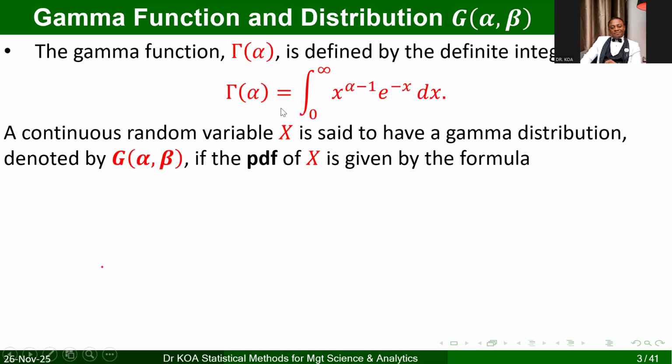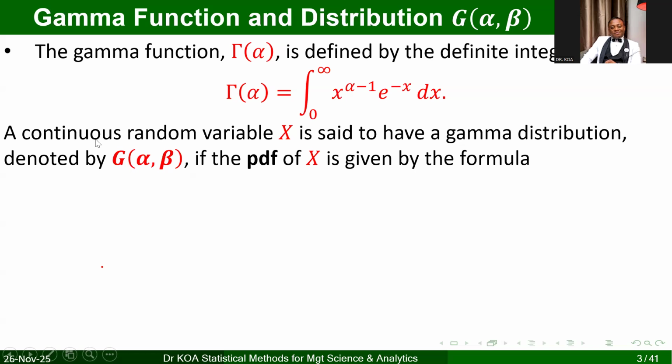So this gamma function is the integral of the random variable raised to the power of the shape minus 1. The definite integral is from 0 to positive infinity, multiplied by the natural exponential raised to the power negative of the random variable. This is the gamma function, and it is a continuous function.